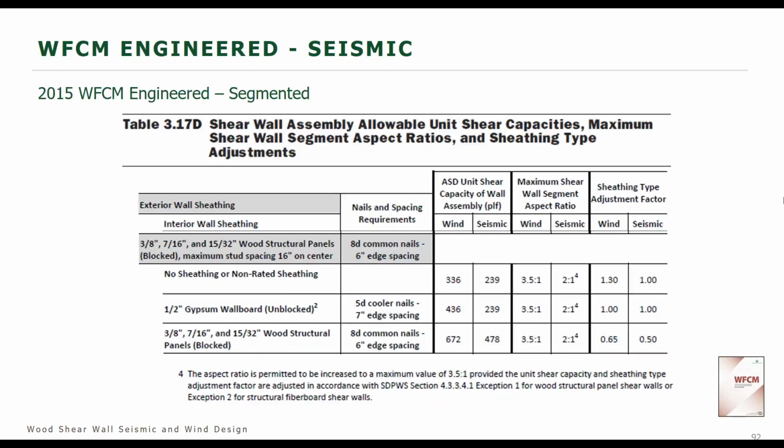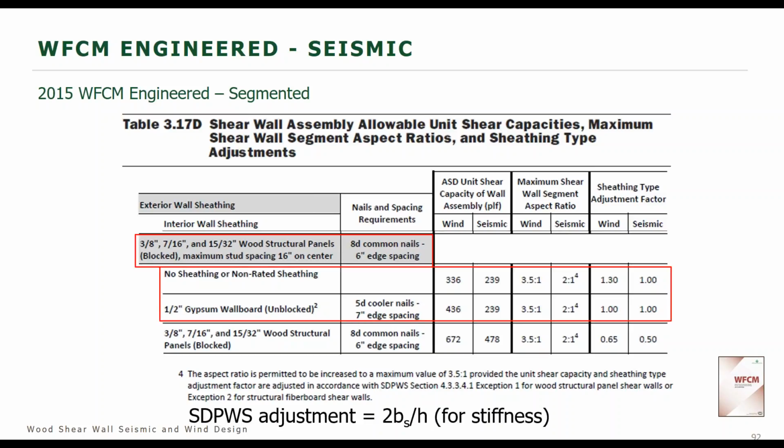Now, similarly to what Lori did, we use the same table, but again, we're only looking at the seismic portion of the table. And now, instead of looking at reducing or modifying the length, we're actually going to look at it from a capacity side.